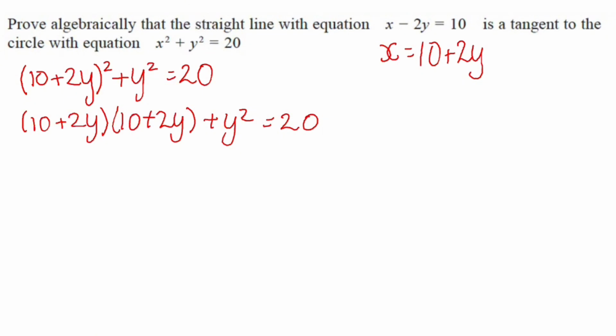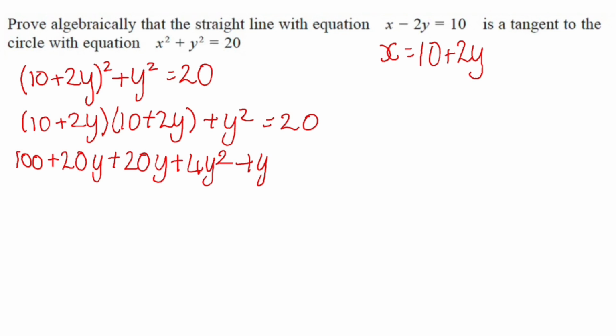If we expand out this double bracket, we will end up with 100, plus 20y, plus 20y, plus 4y squared. And then we've got this plus y squared as well, and this is equal to 20.